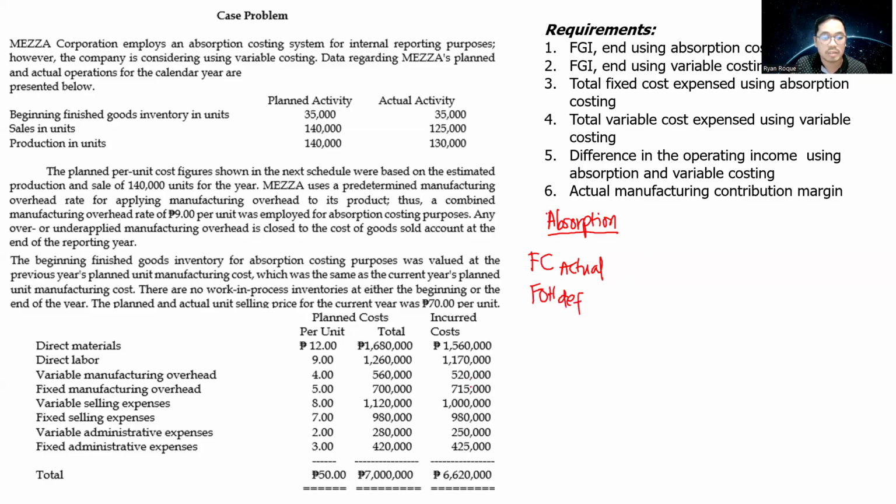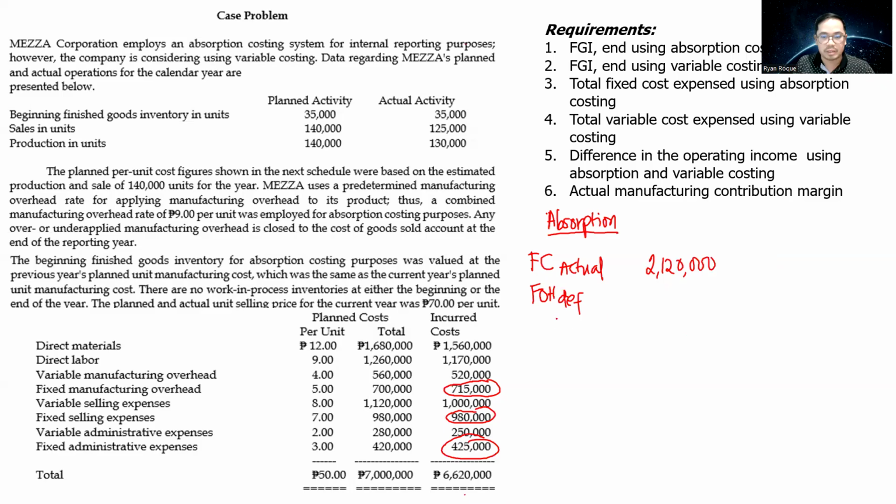The FOH actual is your fixed overhead of 715,000 plus 980,000 and plus 425,000. The total amount of your fixed cost would be 2,120,000.